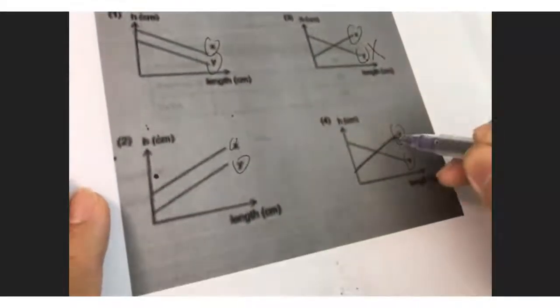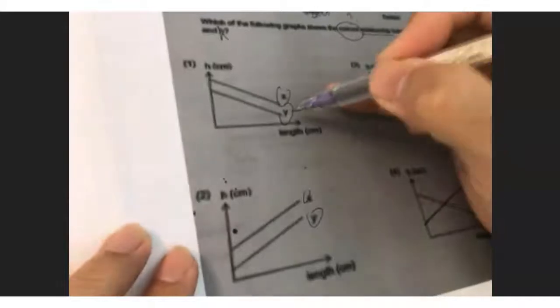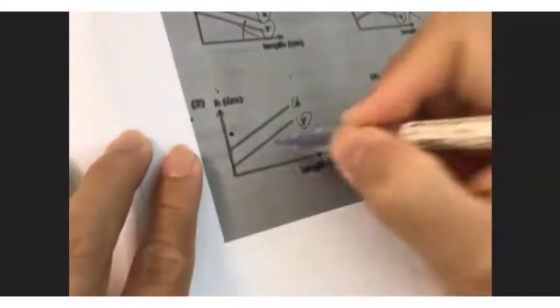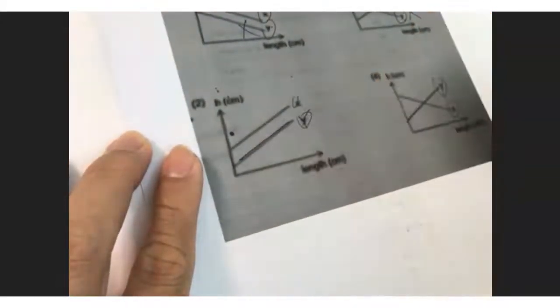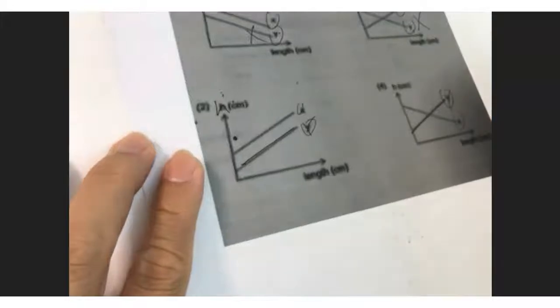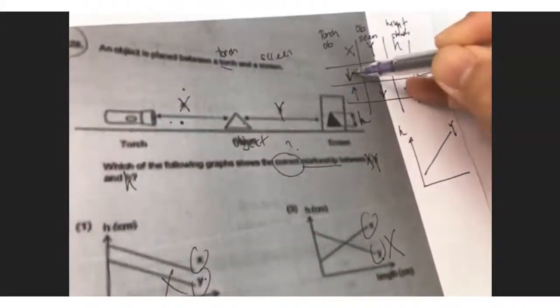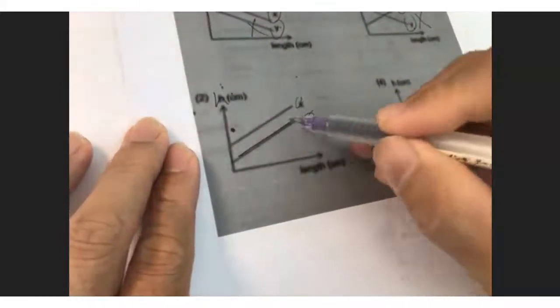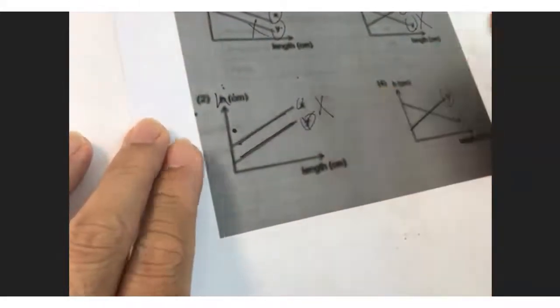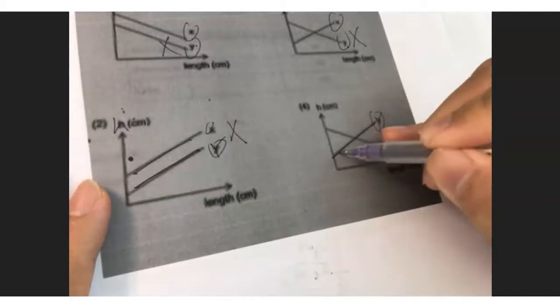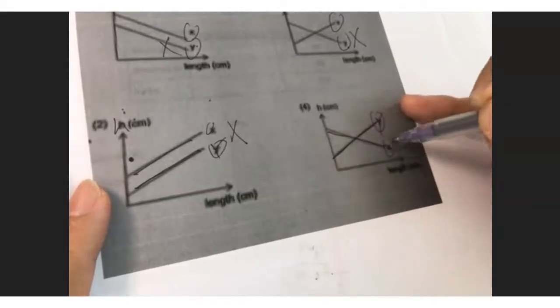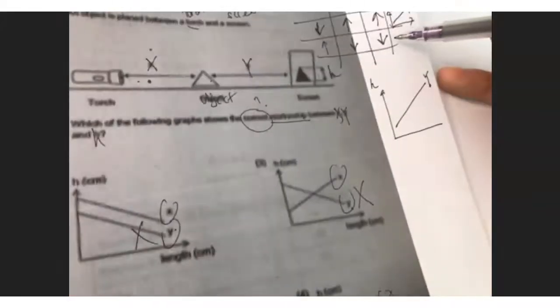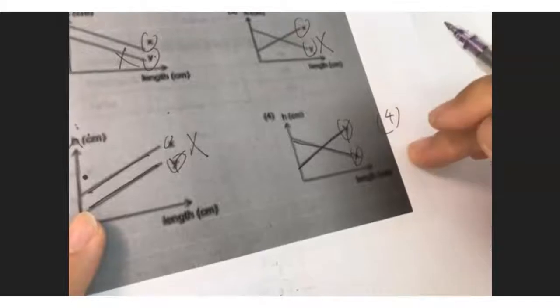Y goes up, yes, we have a chance here. Y goes down, that's wrong. Y goes up, that's correct here. And notice the relationship. As y increases, x decreases. Here, this is wrong because as y increases, x also increases. So as y increases, x decreases, which is what we talk about here. The answer is 4 for this.